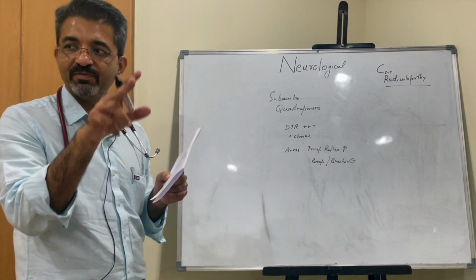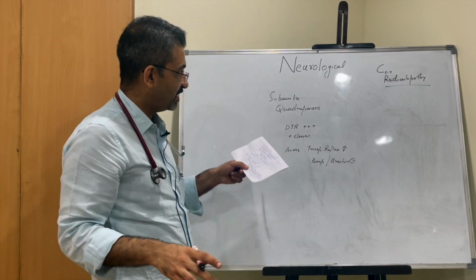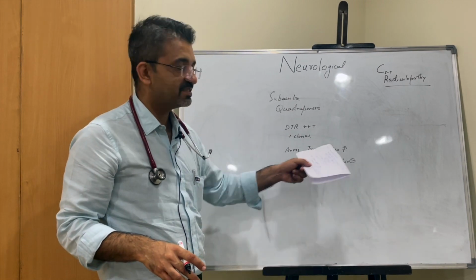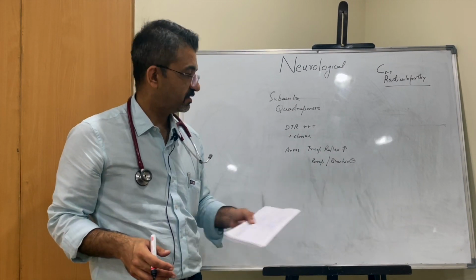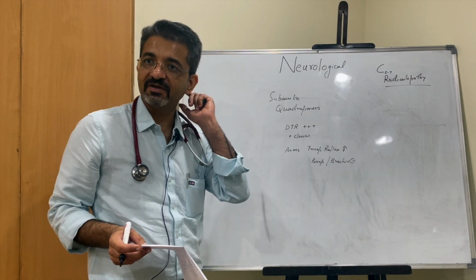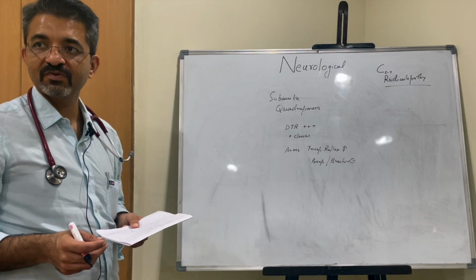So you have quadriparesis, you have radicular pain in both arms, you have upper motor neuron findings in both legs, your tricep reflex is increased, and your bicep and brachioradialis are absent. So there is some problem in your neck. So this is cervical myelopathy.